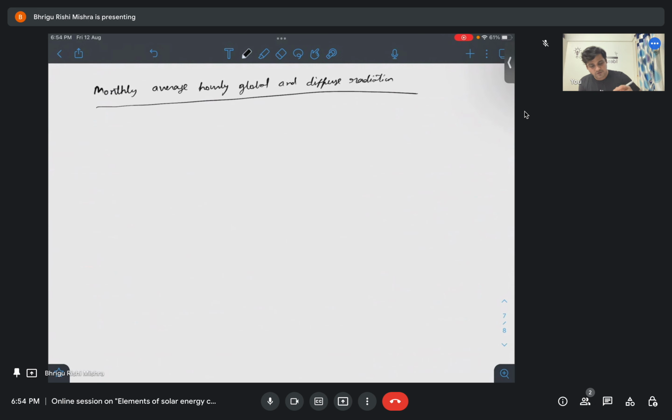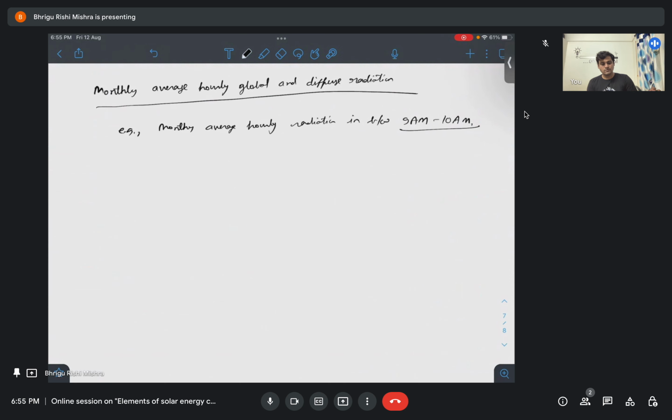So for example, we want to calculate this monthly average hourly radiation in between 9 a.m. and 10 a.m. The other parameters I'm keeping the same, that is n. So this is the month of January, so n equals 17. So this 9 a.m. to 10 a.m. will be at n equals 17.